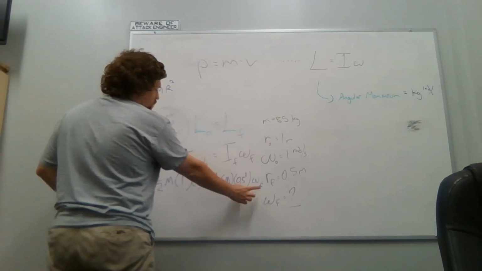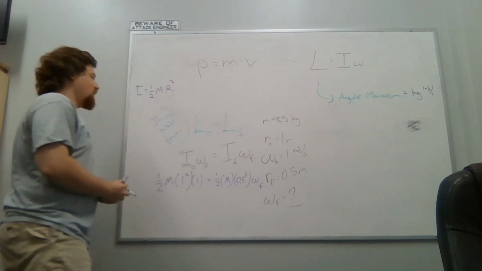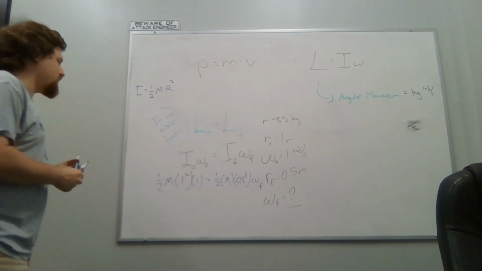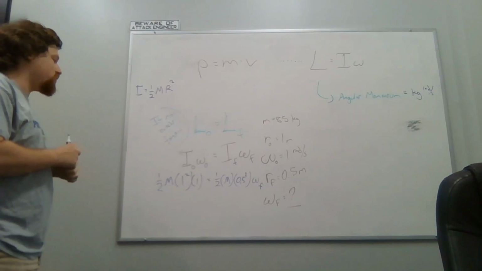No, wait. Sorry. My mistake. This is the term that we want to solve for. And the only thing that we don't know now is the final angular velocity, so we should be set to go.